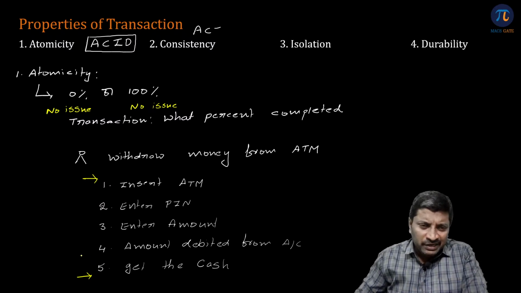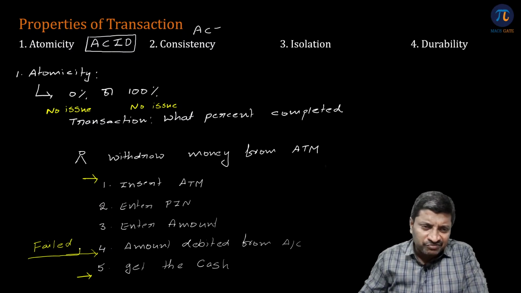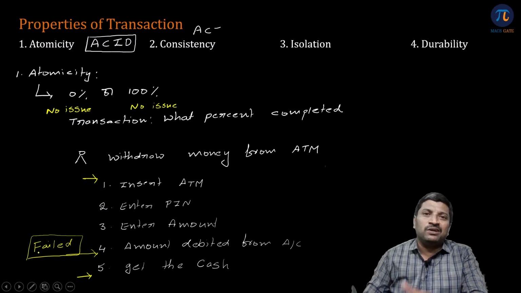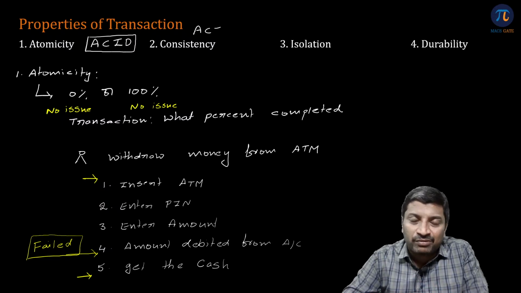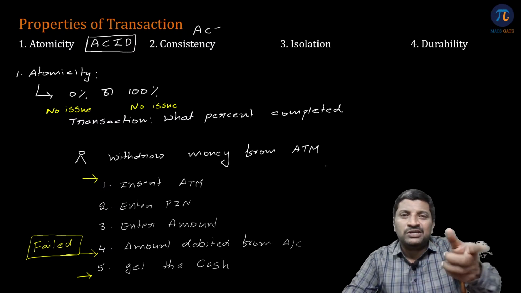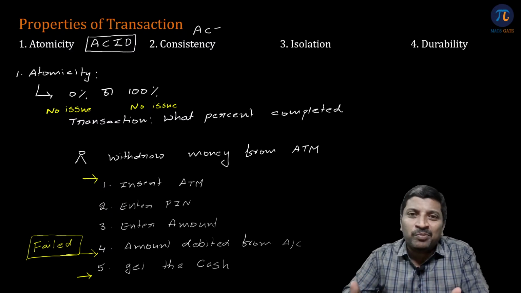Suppose a transaction has failed after completion of the 4th step. What does it mean? You inserted the card, entered the PIN, entered the amount, money was debited from your account, but cash was not dispensed by the ATM. Then what will happen? We will worry. What happened to my amount? Where did it go?